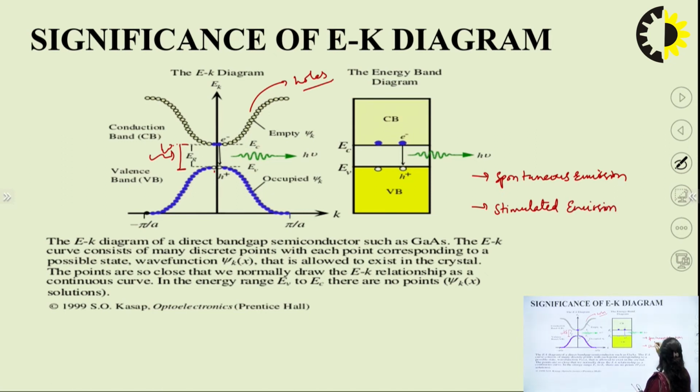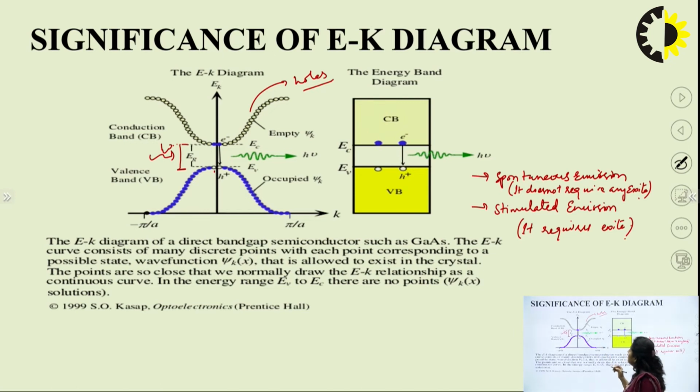In the case of spontaneous emission, it does not require any excitation, while stimulated emission requires excitation. So we have to excite the atoms in the conduction band to move towards the valence band, and there are some occupied states in the valence band.